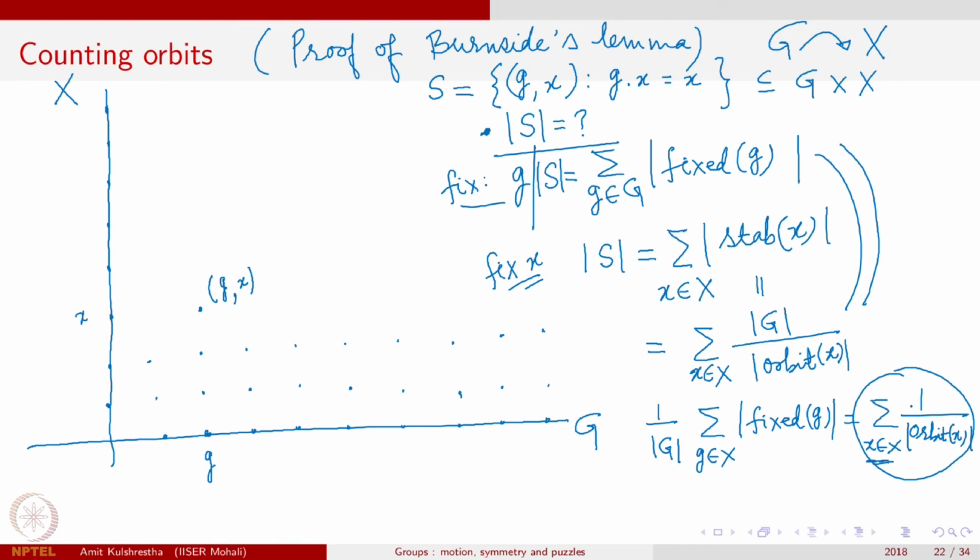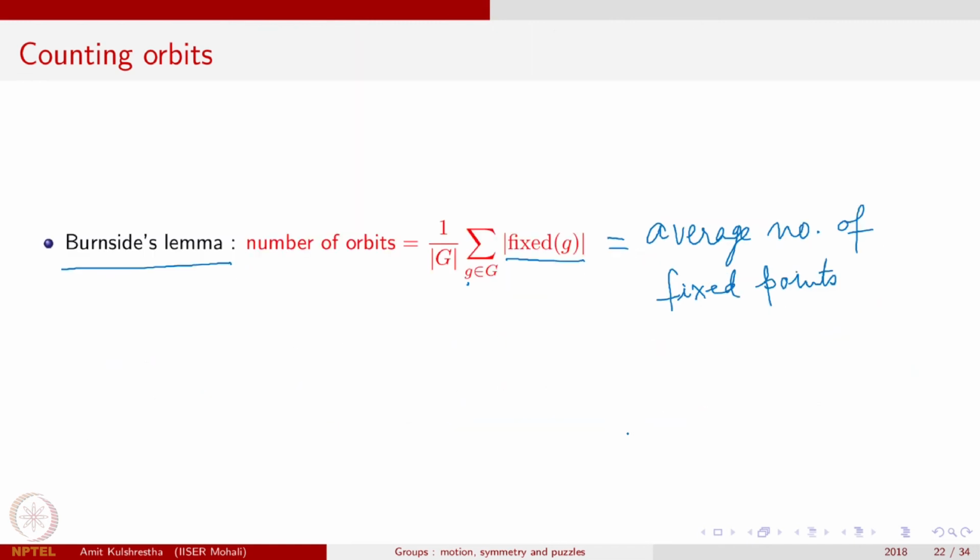So one orbit is contributing exactly once in this summation, and therefore this is precisely the number of orbits in an action. So we arrive at Burnside's lemma, which says that the number of orbits is precisely the average number of fixed points in an action.